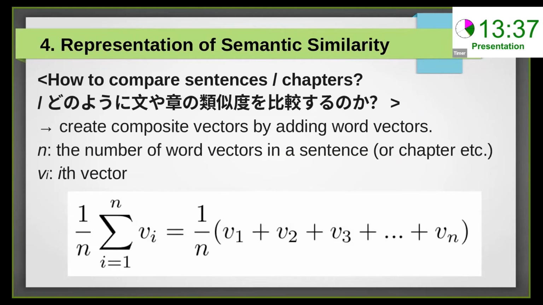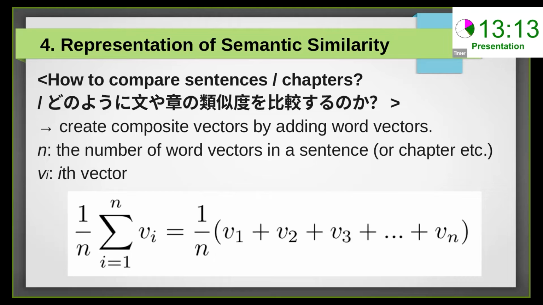And the next question that you might ask is how to compare sentences or chapters, or how to create composite vectors, sentence vectors or chapter vectors, and how to compare sentences or chapters with cosine similarity.